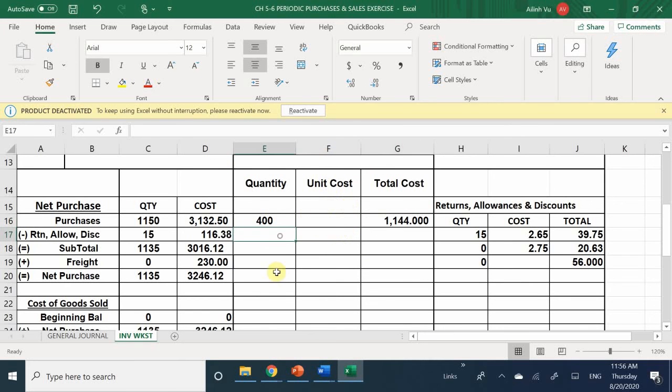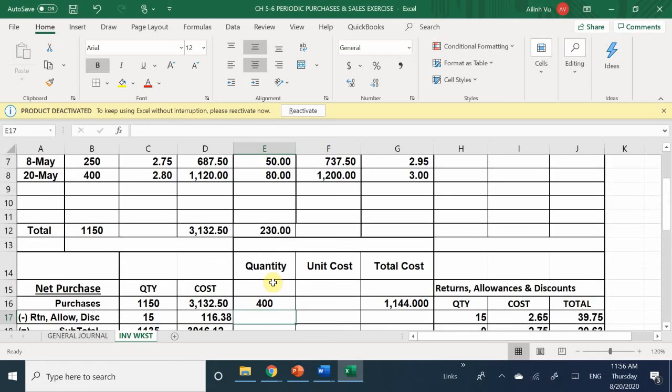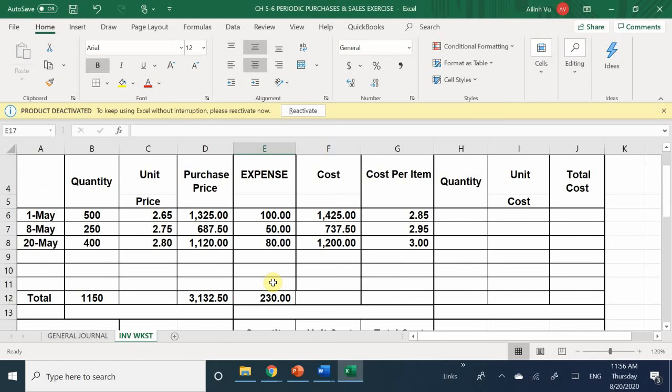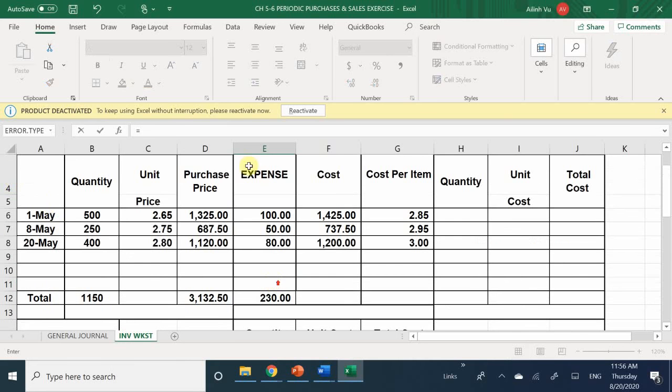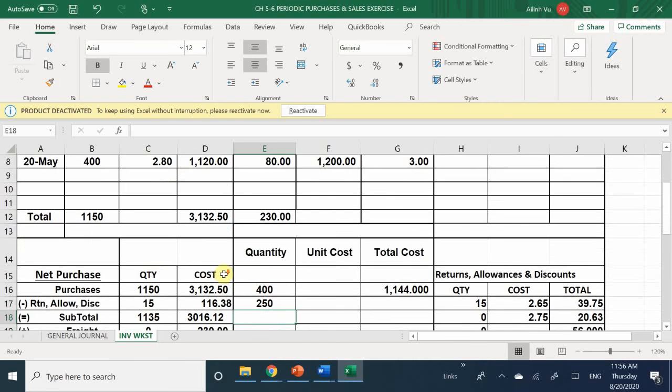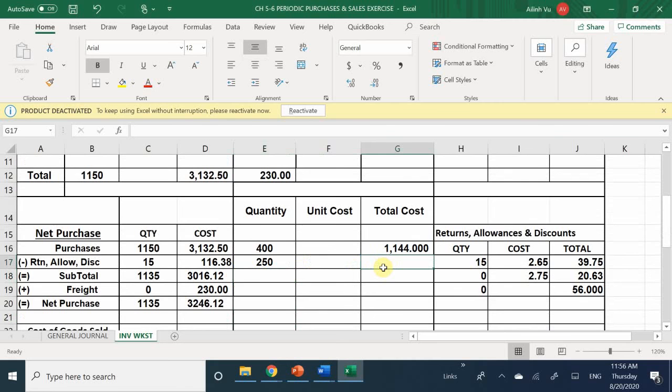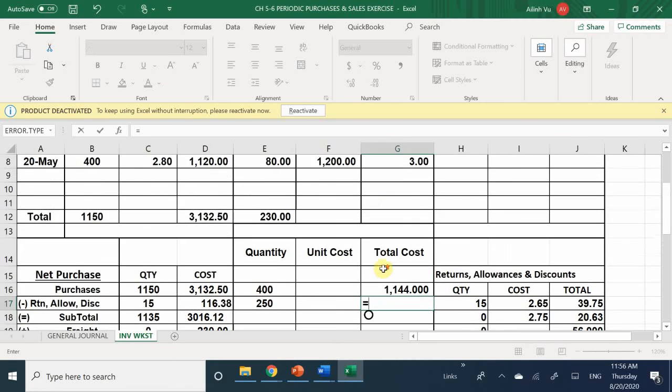All right? But, however, which batch are we going to be taking out next? Yes, on the 8th for 250. Now, in this case, do we have all 250? Yes, we do. But we are discounted.